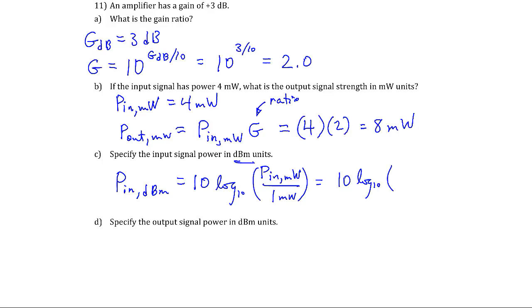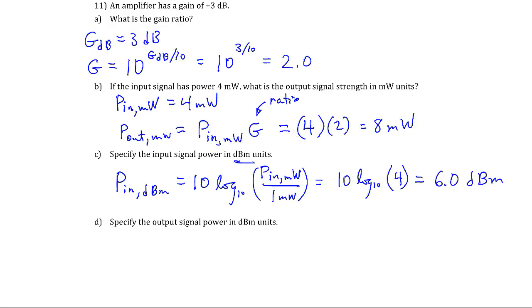And 4 milliwatts divided by 1 milliwatt is just a unitless number 4. And I can plug this in on my calculator. 10 times log base 10 of 4. And this is 6.02. I'm going to call it 6.0 dBm.